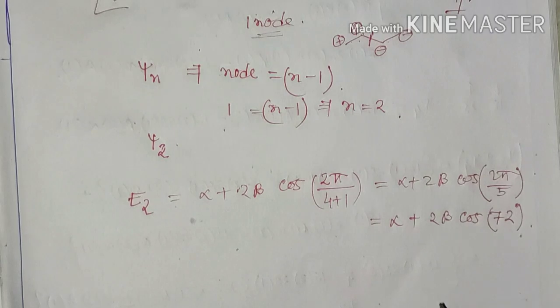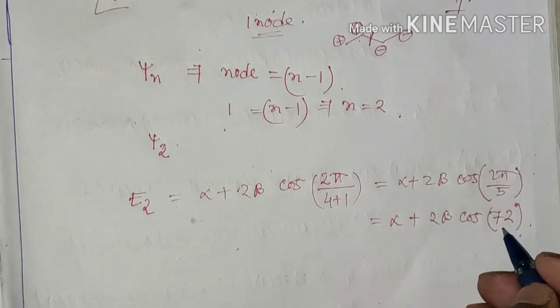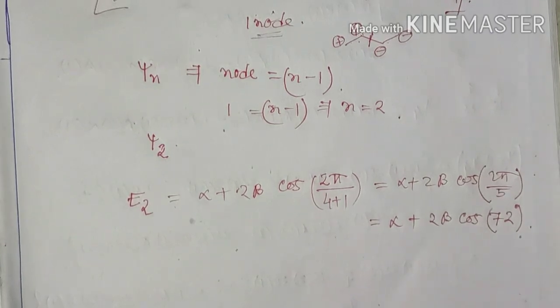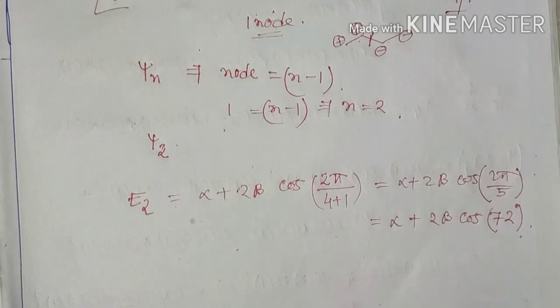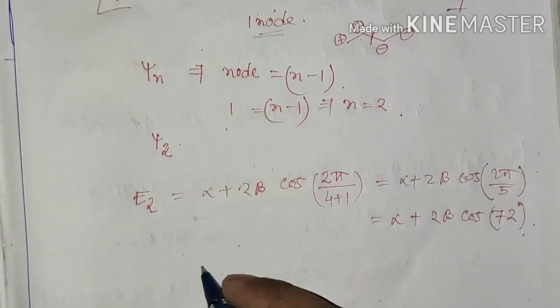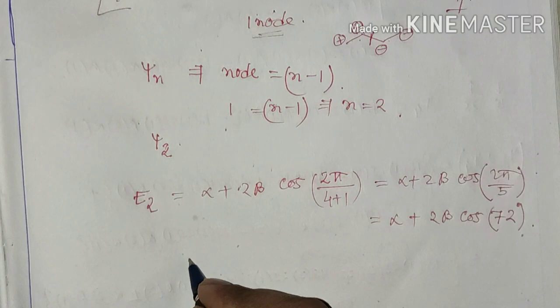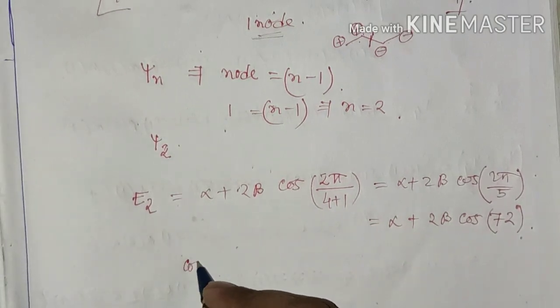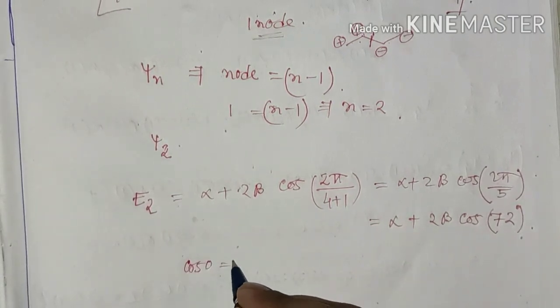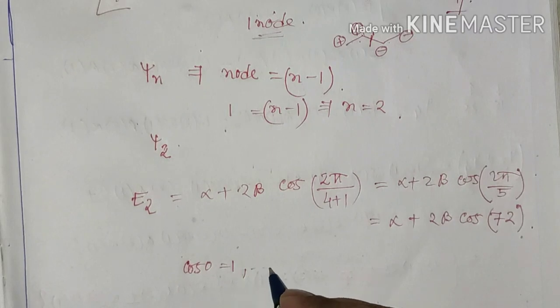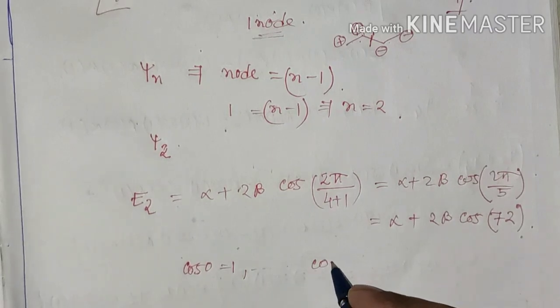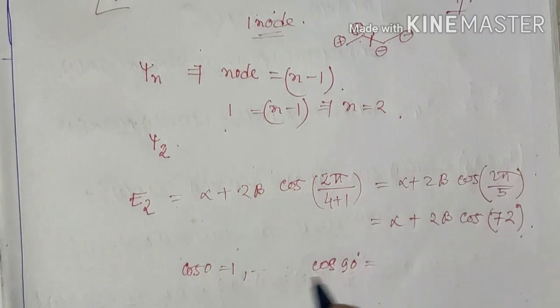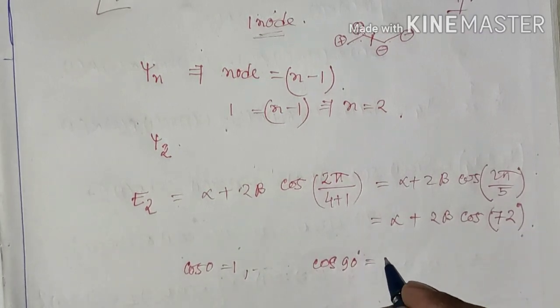Now it is difficult to remember the value of cos 72, but we know that the value of cos 0 is equal to 1, and as we go from cos 0 to cos 90, the value decreases, and for cos 90 it is 0.